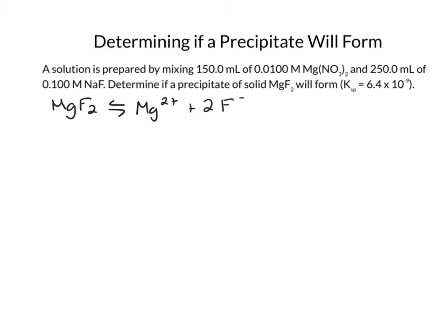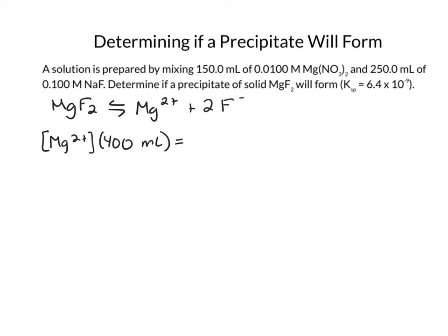So, this is going to involve a dilution problem because I'm no longer that magnesium nitrate on its own. I'm combining it with another solution of sodium fluoride. So, my concentration of magnesium ions in the total volume, so 150 plus 250 in my total 400 milliliters, I need to know that concentration.